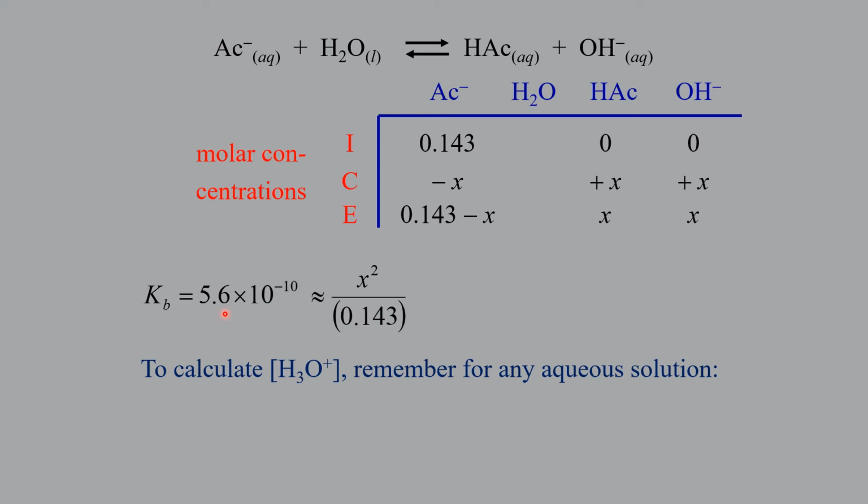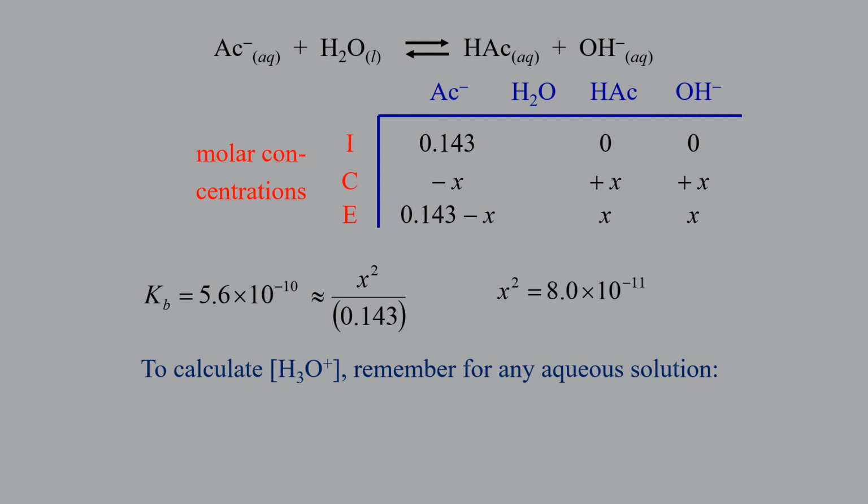And so we know what Kb is, and it's equal to X squared over 0.143, and we can say X is a very small number, so we can approximate that.